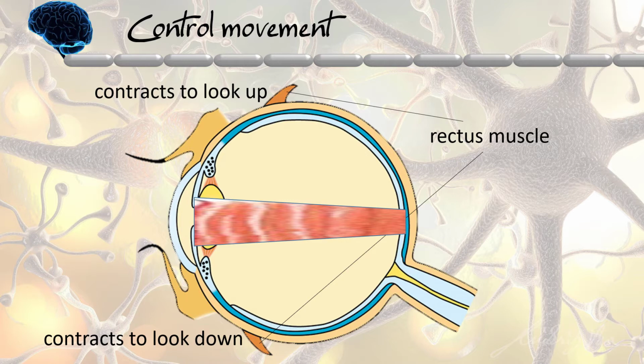But it's not difficult to imagine, because when the muscle on top contracts, you can imagine it pulling the eyeball to look up, and when the one below contracts, you can imagine it pulling your eyeball to look down. This is just a minor part, but it is possible to come out, so you will have to know.